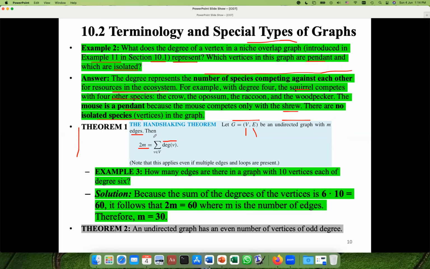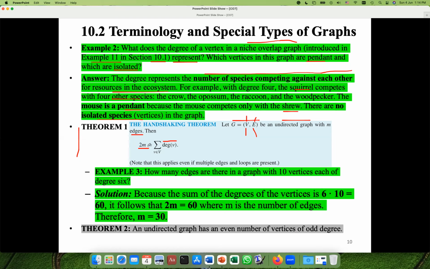What this equation is giving you is the meaning. If you have an undirected graph with a set of vertices and a set of edges, then this is true for that undirected graph. This is true for all undirected graphs, okay?